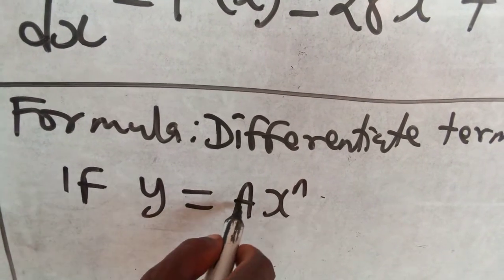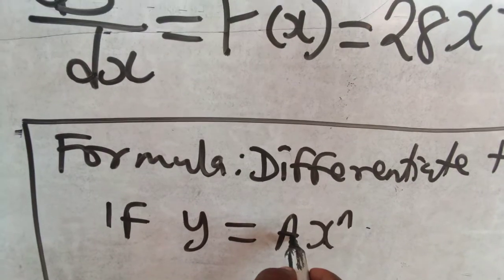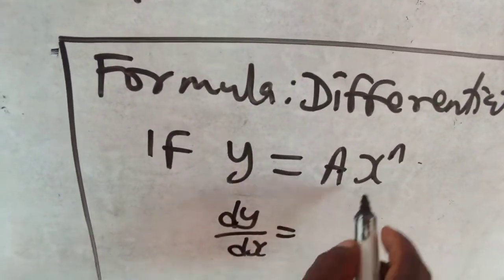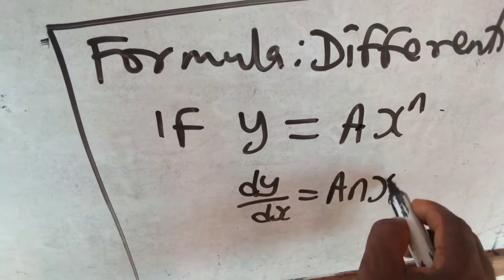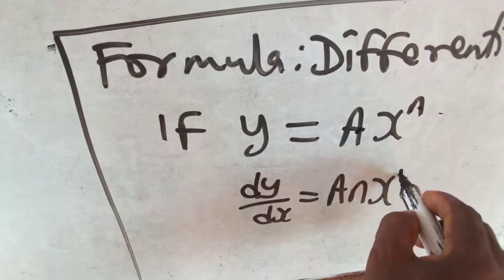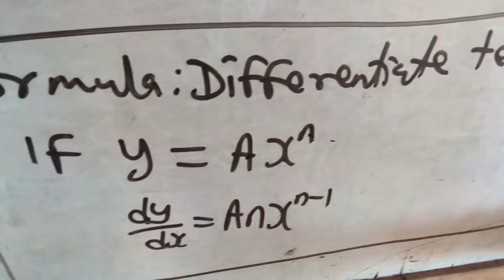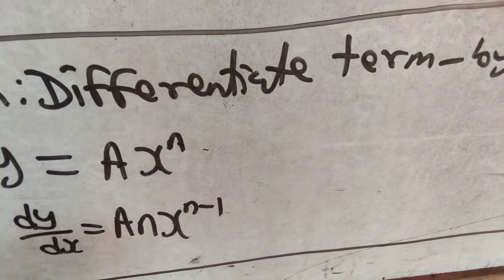If you have it, you must have s, the power of s, and the coefficient of s. So dy over ds will be the power times the coefficient, then the power minus 1, n minus 1. This is the general formula for differentiating a polynomial function.